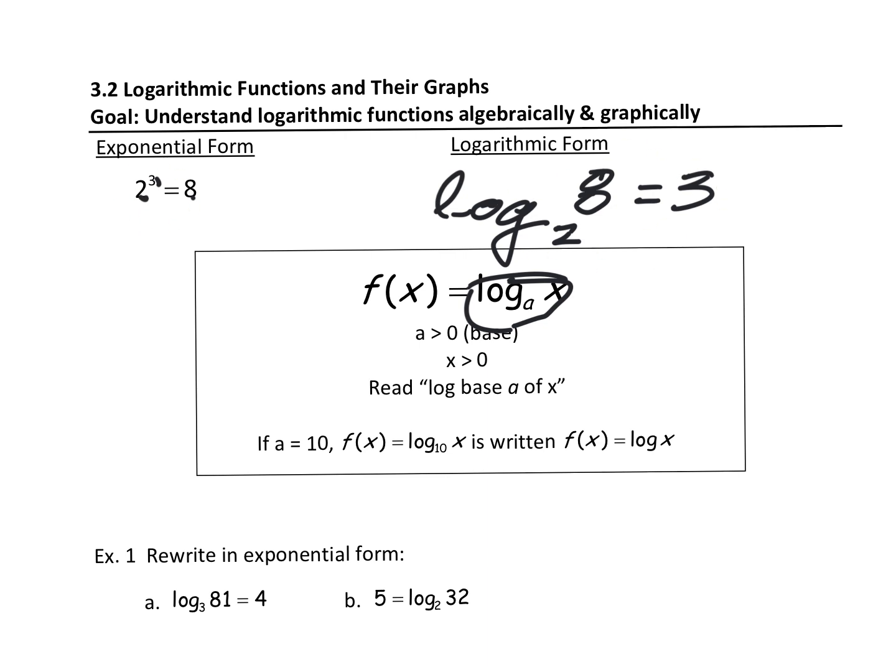But if you see over here, in the exponential form, the value of the power, 2 to the third equals 8, is what we get as a result, the calculation. Here, the calculation of log base 2 of 8 gives us 3.